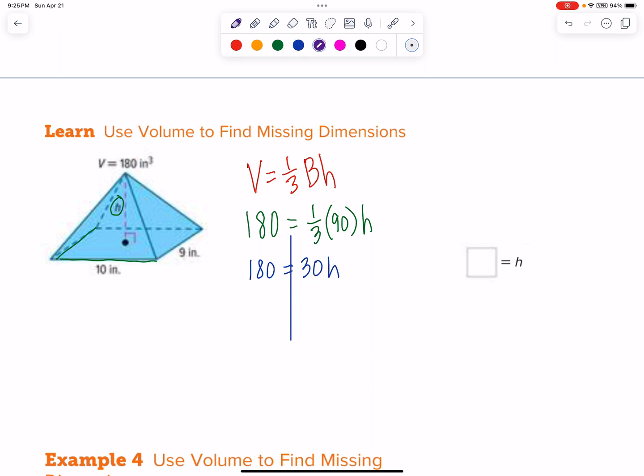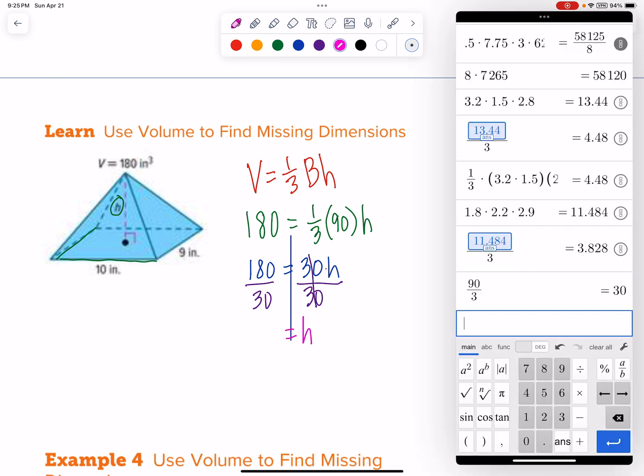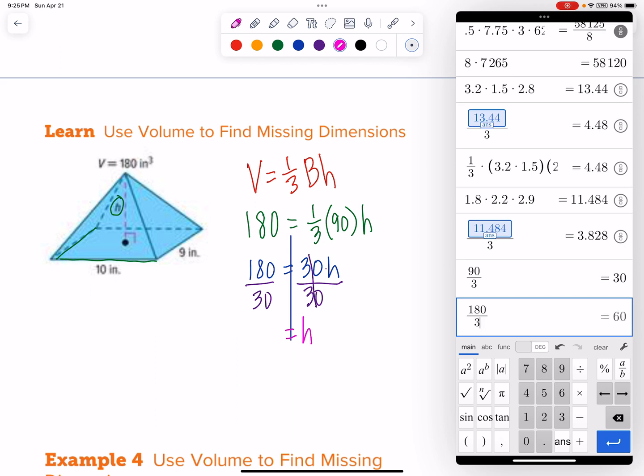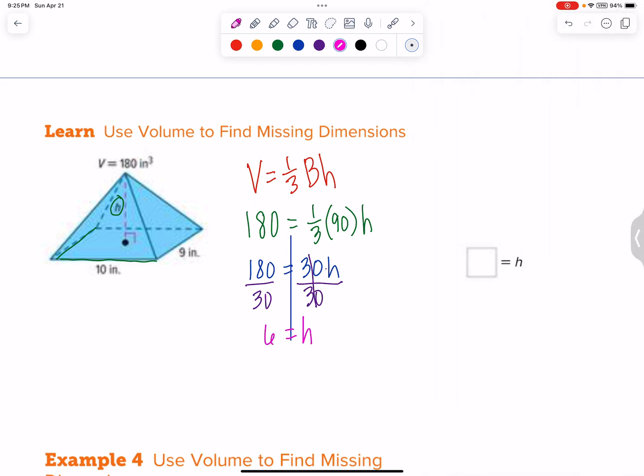And all we have to do to get rid of that 30 times h is divide both sides by 30. Cross that out, and we end up with a height of, let's go ahead and plug this in, 180 divided by 30, and we have a height of 6. And there we go. Now, this is 6 inches, and it's just a length, okay, from that center to the top. So we leave it at 6 inches.